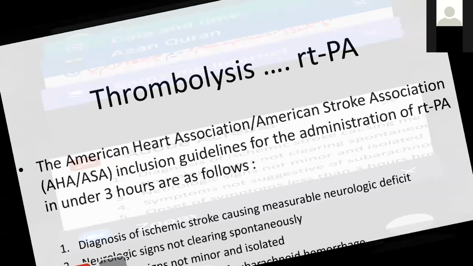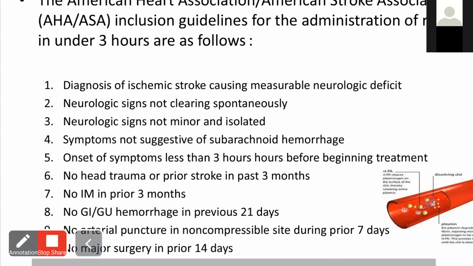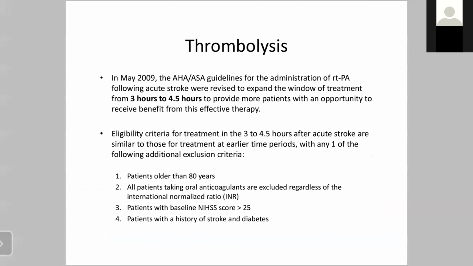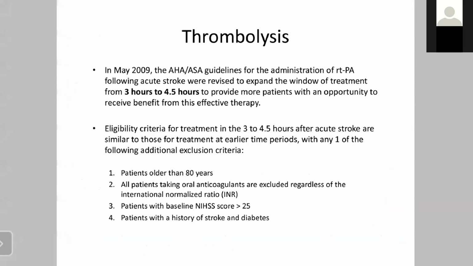Whom should not receive rtPA: if there is a duration of more than 4.5 hours from onset of stroke, patient is more than 80 years of age, taking oral anticoagulants, patients with NIHSS score more than 25, and patients with a history of stroke and diabetes in the past.